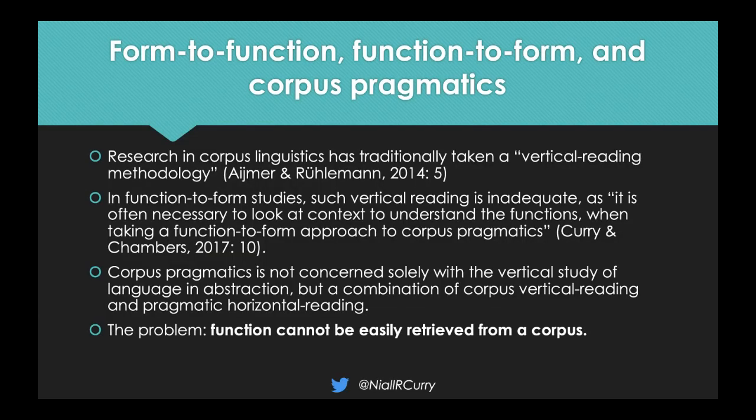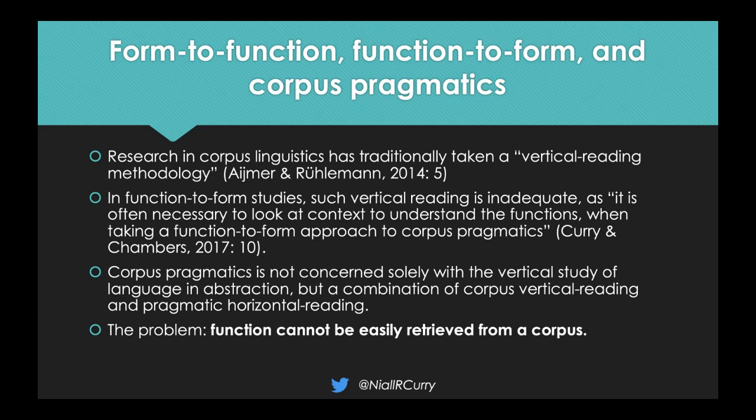So what is the kind of context of this talk? Largely what I'm talking about is this intersection between form to function approaches, function to form approaches, and where this overlaps with notions of corpus pragmatics. If we think about corpus linguistics, traditionally we take this vertical reading methodology where we work through texts, working down through concordance lines, looking to the right and left in order to get context.